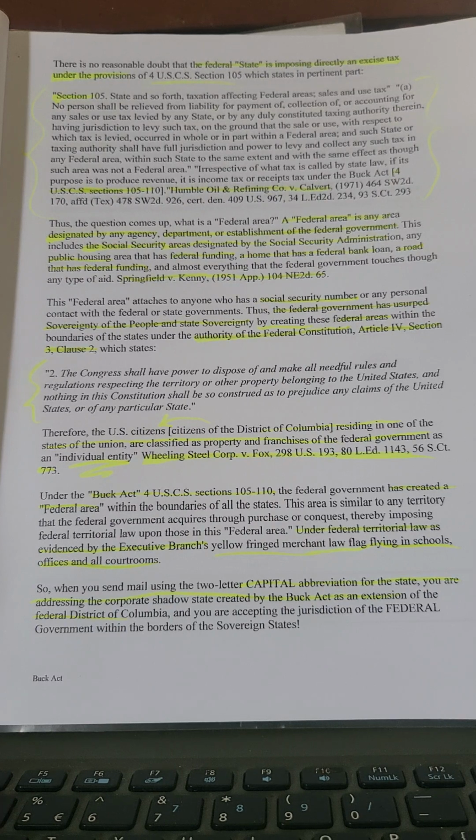There is no reasonable doubt that the federal state is imposing directly an excise tax under the provisions of 4 USCS Section 105, which states in pertinent part, Section 105, State and so forth taxation affecting federal areas, sales and use tax.